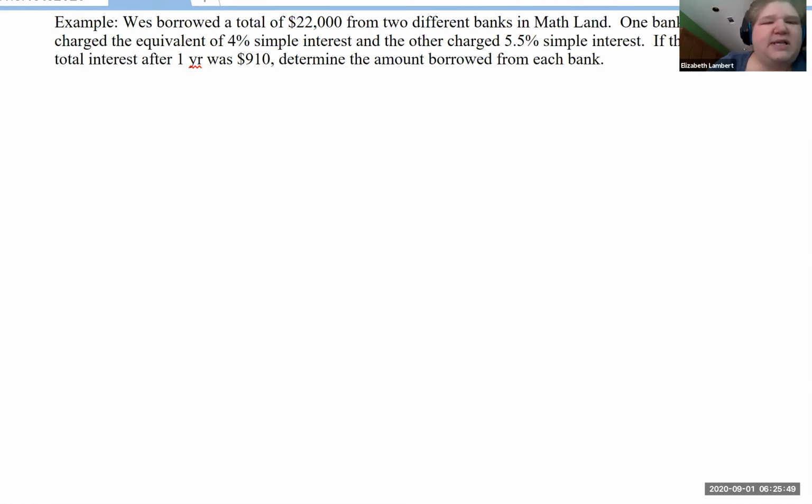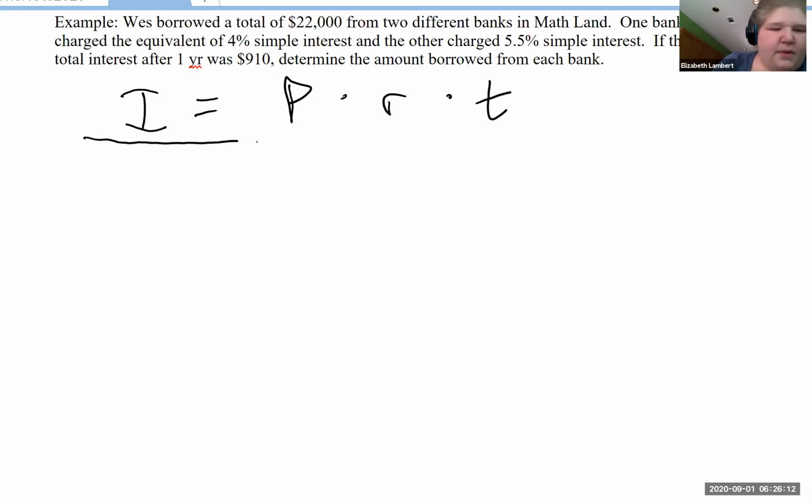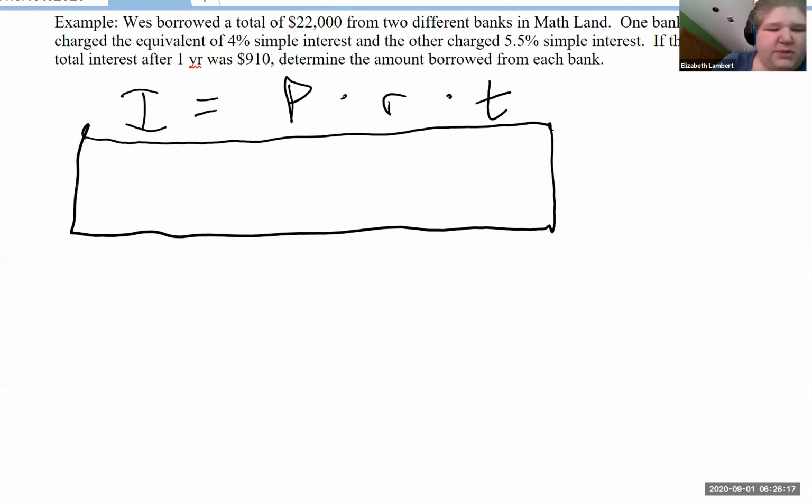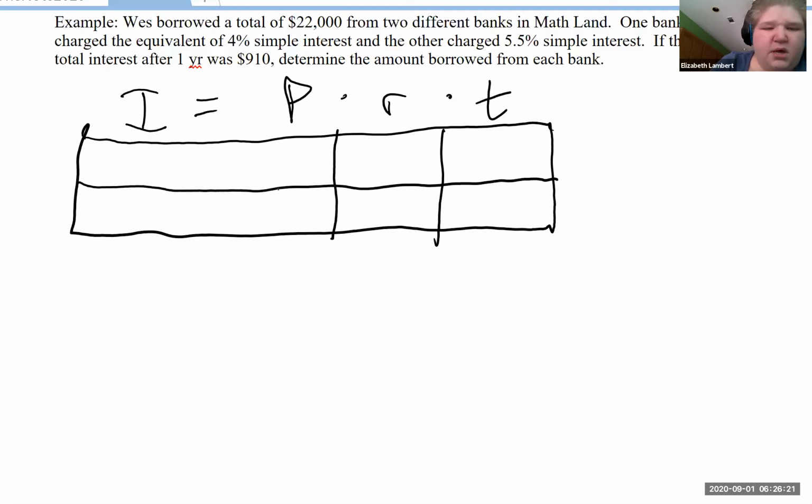All right, so the first thing I do on these, especially when they have a formula we can make use of, which we can, we have interest equals the principal times the rate times the time. So since there are 2 different bank accounts, I am going to make 2 rows, and then I'll make a column for each of the values.